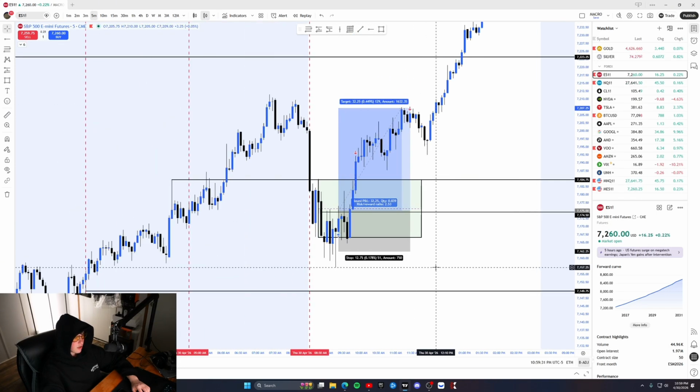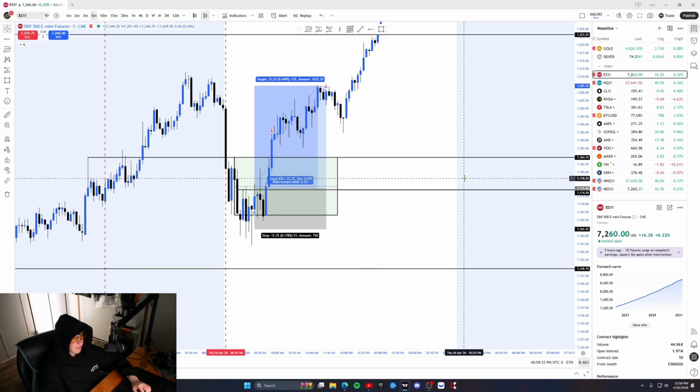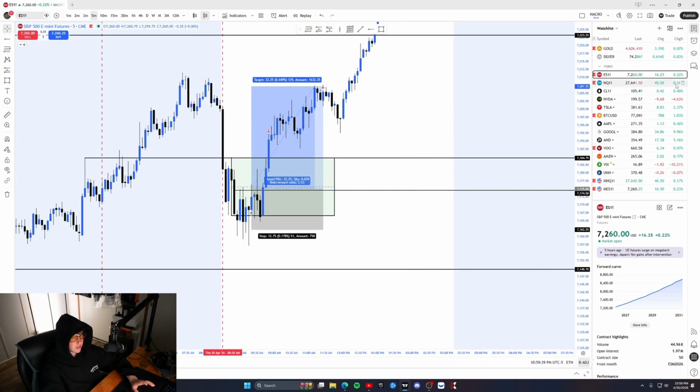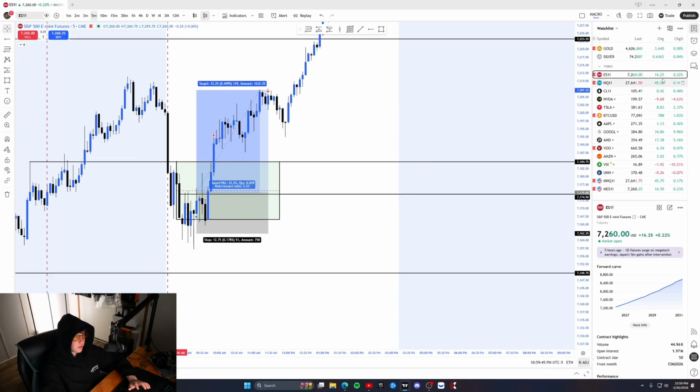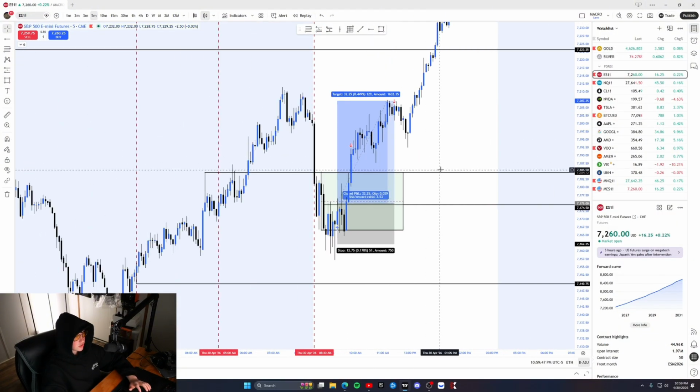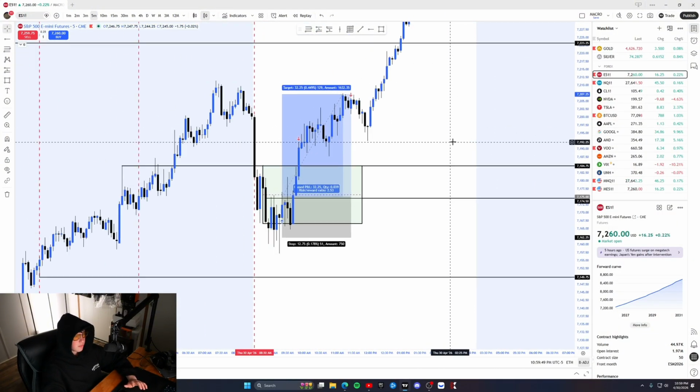So now we're here on 5 minute. I established my bias. My bias is bullish. ES is way more bullish than Nasdaq. When I opened the charts, Nasdaq was already down 0.30%, and then it was sitting around up 0.05%. So I knew Nasdaq was bullish just based off how the points were.